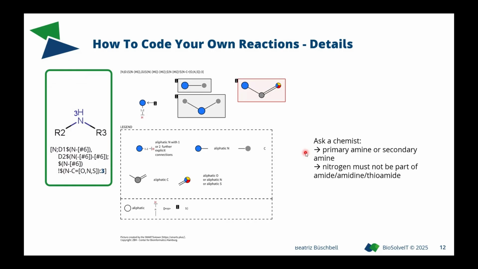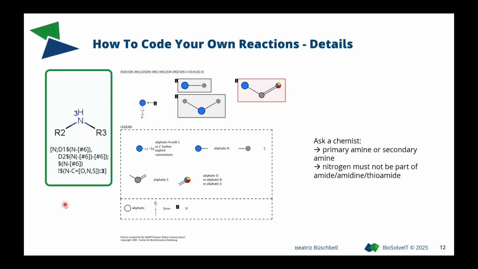Yeah, but the nitrogen must not be part of an amide, an amidine, or a thioamide. And then you, as a computational chemist, or as the person who has to code the reaction, would say, okay, how am I going to code it in a way that I can explain it efficiently to CoLibri so that it understands what it should combine in the end.